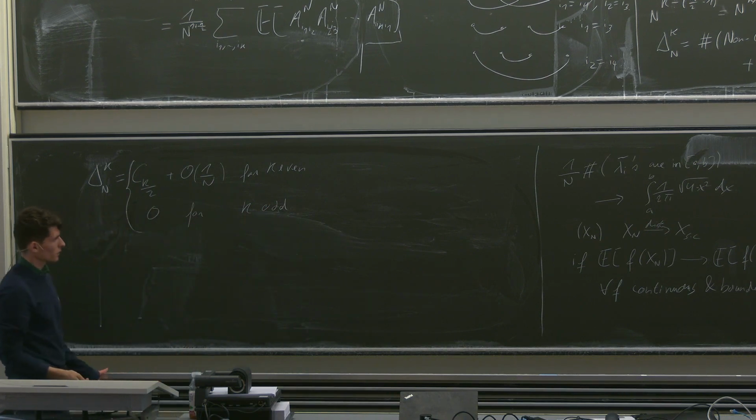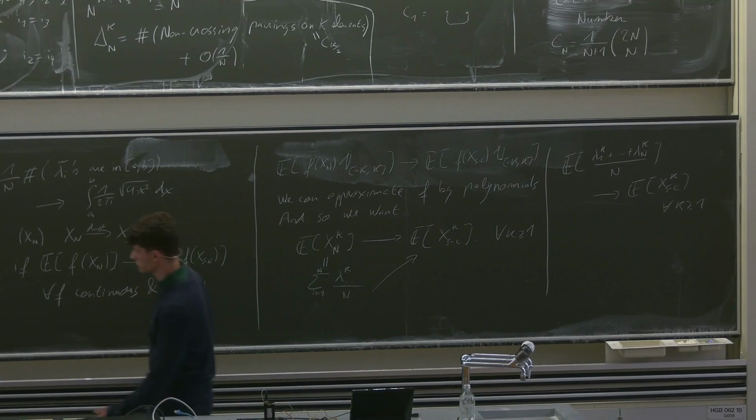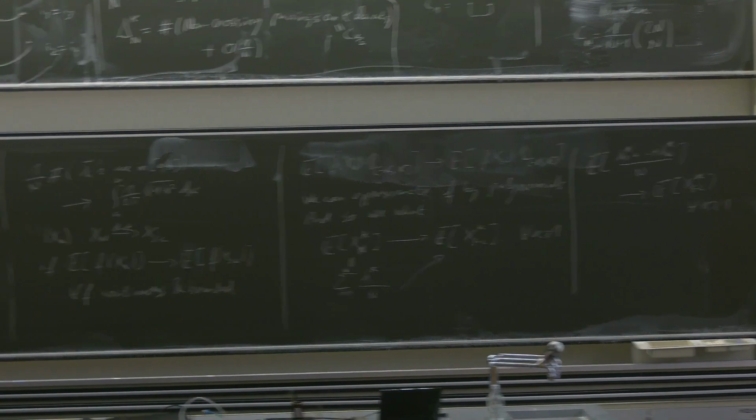Okay. And so now what was our original strategy? It was to show this. But now I have to tell you about these moments of the semicircle. So let me write it as a proposition.